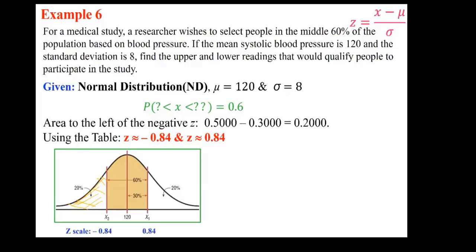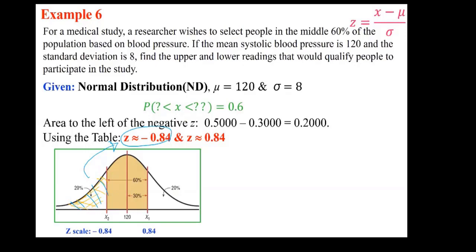So again, from the table, everybody, use a different color here. From the table, using this area, you get this one. From this graph, you have an area of 0.2 to the left. You go to the table and you find the Z score of negative 0.84. By symmetry, the other one is positive. And so, remember, what's X?